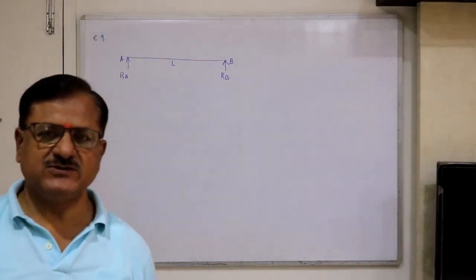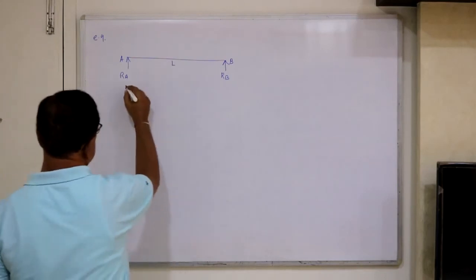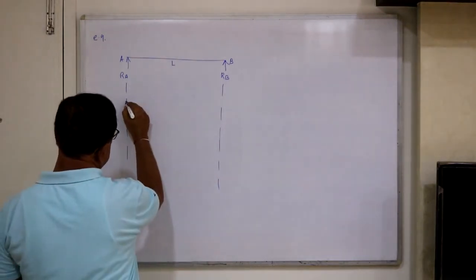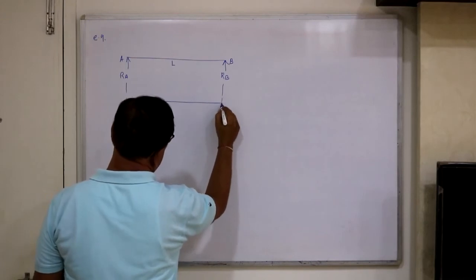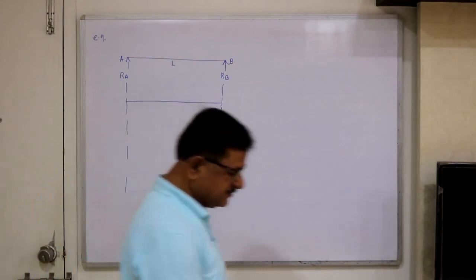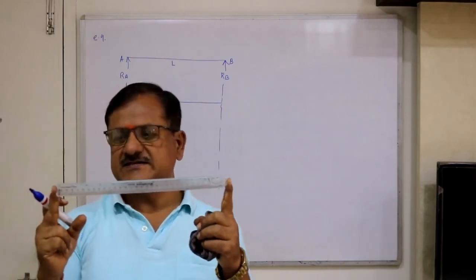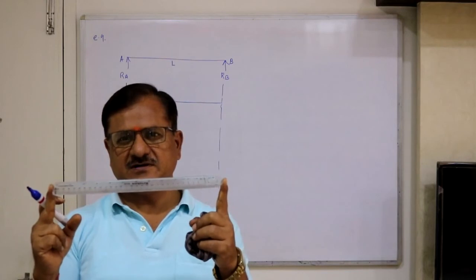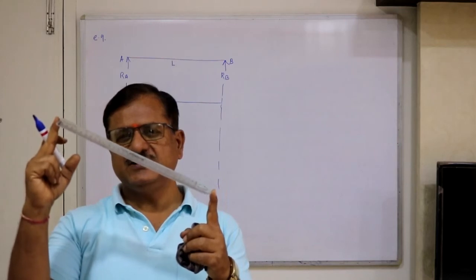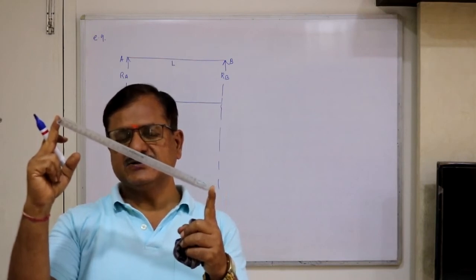Now there is no need to show the moving unit load on the structure because we are not doing calculations. Muller-Breslau's principle says to give the unit displacement in the direction of RA, keeping end B simply supported. So if you want RA, just lift A through unit displacement, don't disturb B, and you get an inclined line, like a triangle.